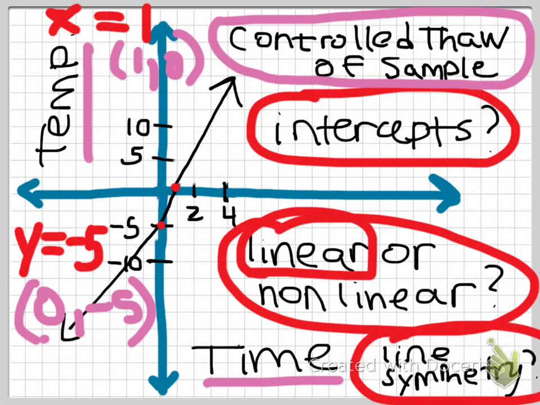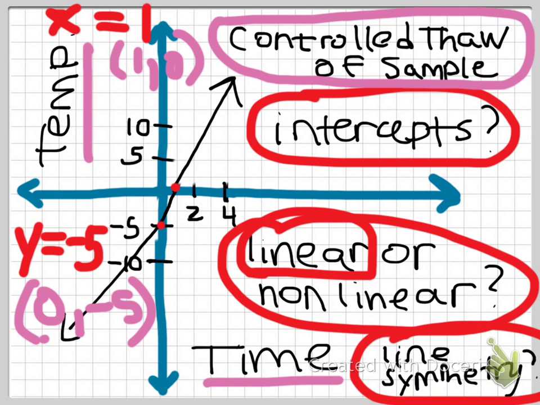Now, the last part that we need to look at on this graph is whether there is symmetry. So think of splitting the graph down the middle, and if one side is looking the exact same as the other side, then it would be symmetrical.